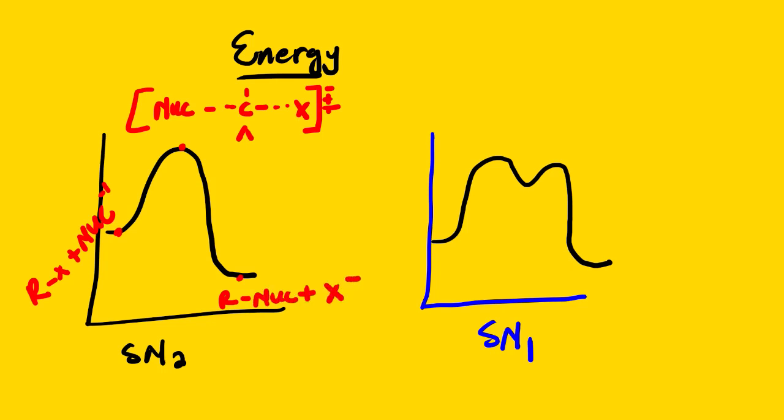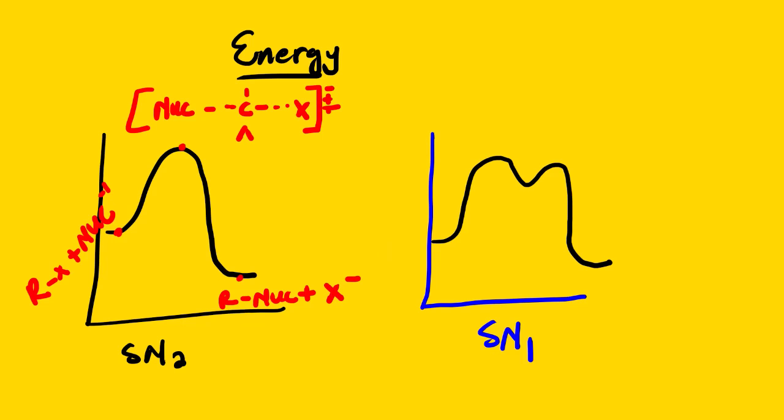If you've studied SN2 reaction, you'd understand this. This is the transition state. This is where the reaction takes place, whereby the nucleophile starts to attack, at the same time the leaving group leaves, and then this is where we have our product.